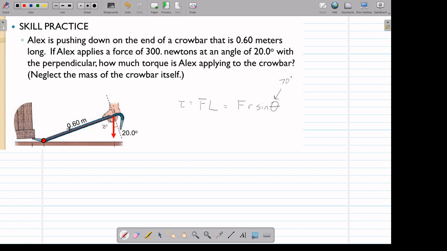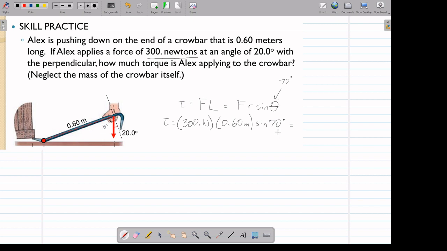The radius is 0.60 meters, and the applied force is 300 newtons. We have all the information we need now to solve this problem. So we're going to say tau is equal to the applied force, which is 300 newtons, multiplied by the radius, which is 0.60 meters, multiplied by the sine of the relevant angle, which is 70 degrees.